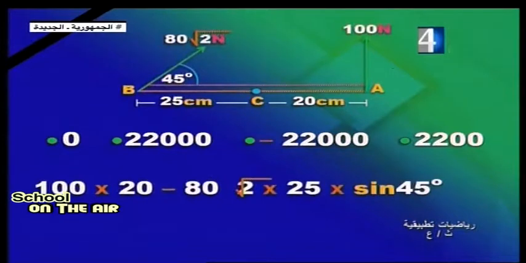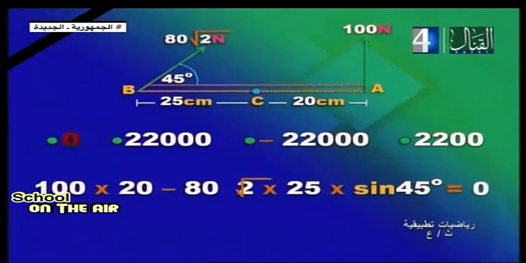At first, the moment about C is 100 times 20 centimeters, minus 80 root 2 times 25 sine 45. Therefore, my dear student, the answer is 0.